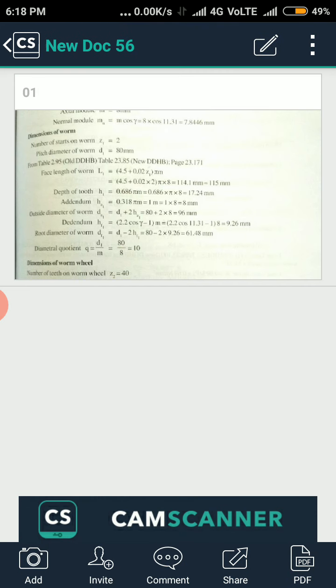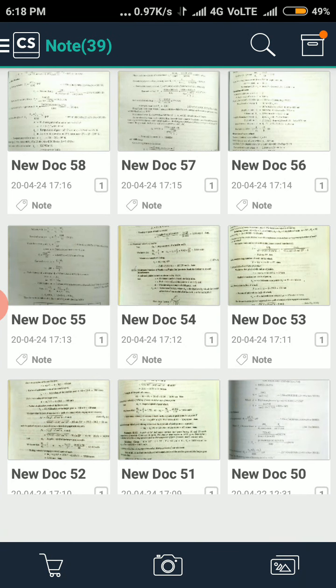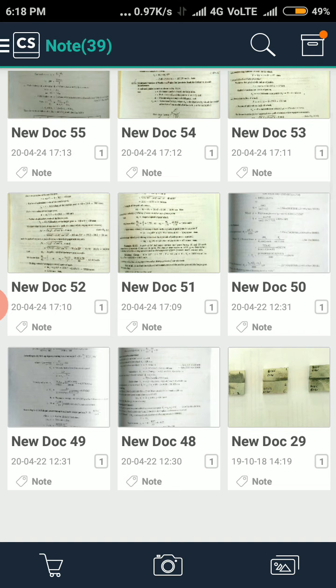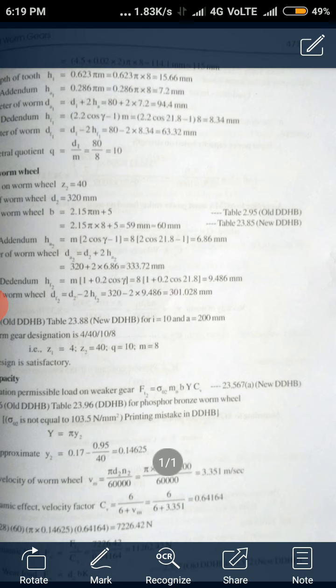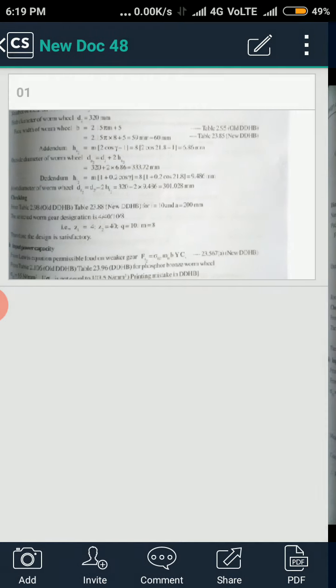That is given by the table, you can see here 23.85. So b equal to 2.15 pi into m plus 5. So 2.15 pi into 8 plus 5, you got 59 mm. So make it the next number, 60 mm. B also you have calculated.